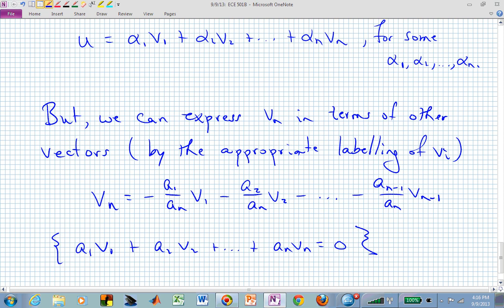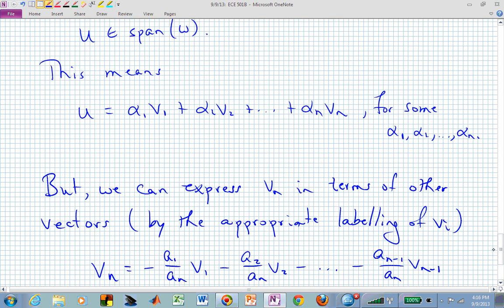Now all we have to do is substitute back for this v sub n in the previous representation of u, and hopefully you can now see we've effectively eliminated v sub n, or rewritten it in terms of all the other v sub 1, v sub 2 up to v sub n minus 1. And if we collect all the coefficients, we'll see that u is now written in terms of one fewer of the vectors in your linearly dependent list of vectors.